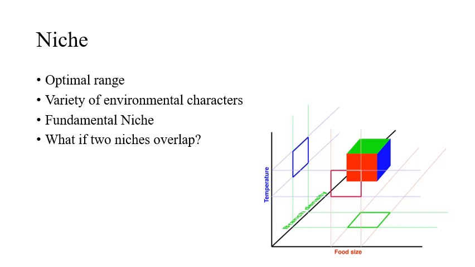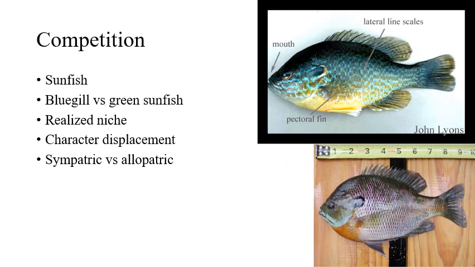So then the question is posed, what if two niches overlap? And if two niches overlap, what you end up with is competition. And in competition, basically what happens is one organism is probably going to have to reduce the size of their niche slightly. And so the classic example from the textbook is the bluegill and the green sunfish.